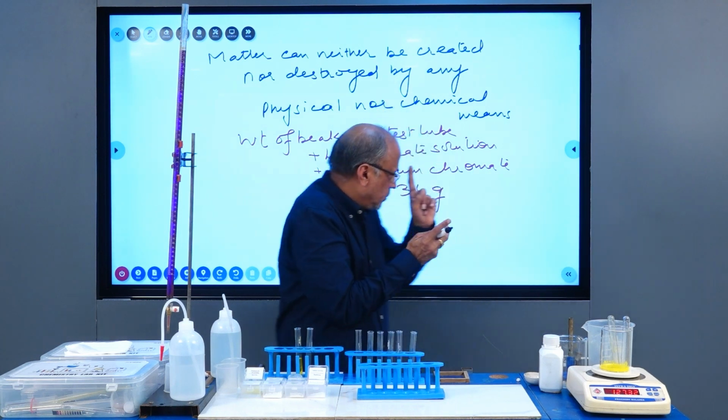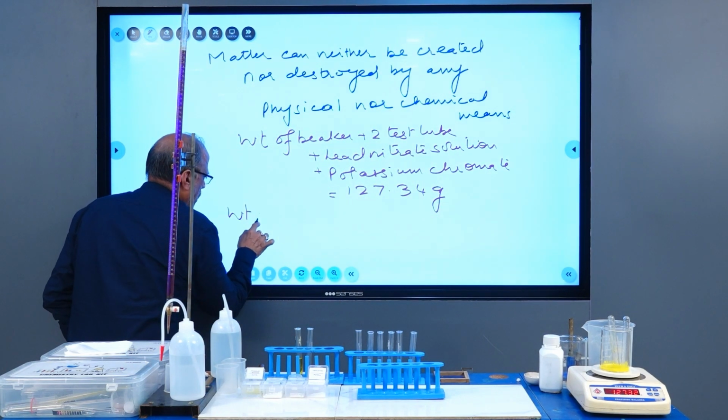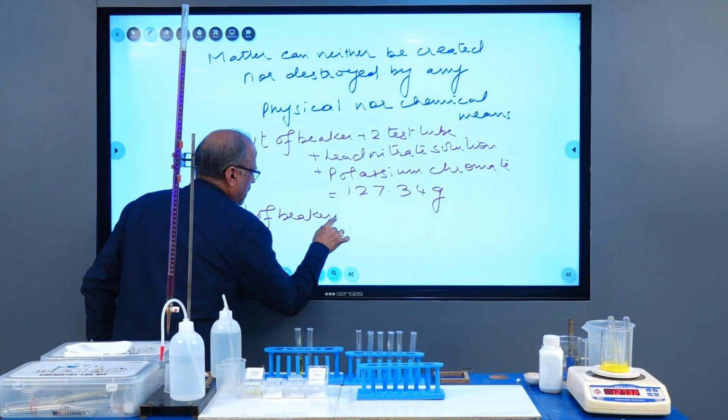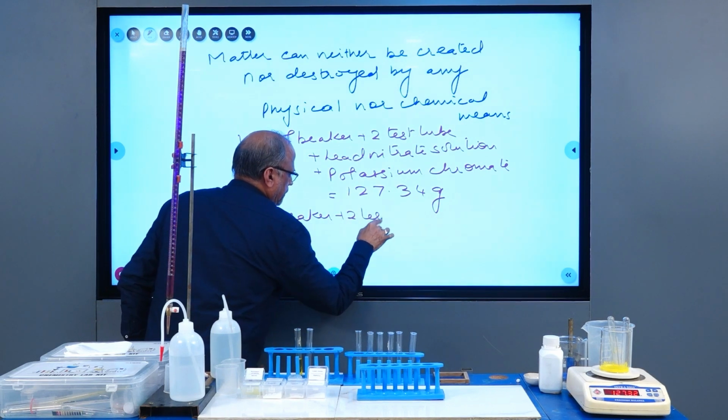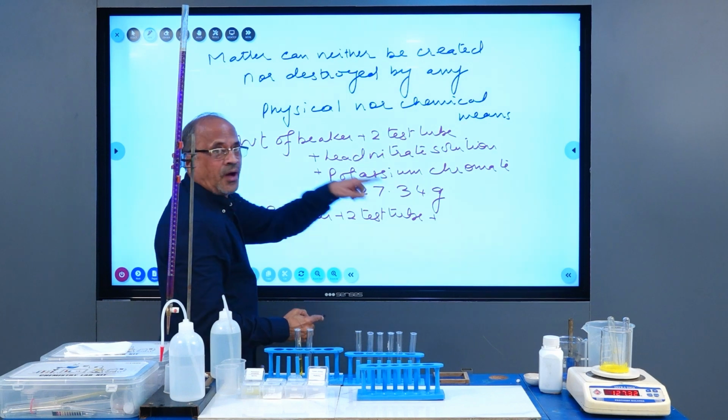It has happened. So now I write here weight of beaker plus 2 test tubes plus what is formed?